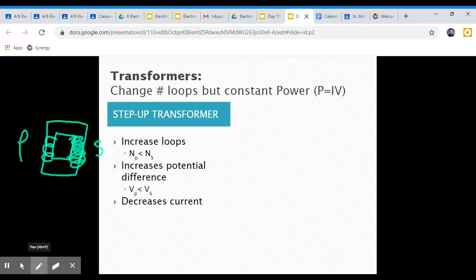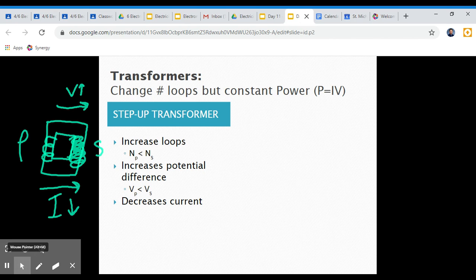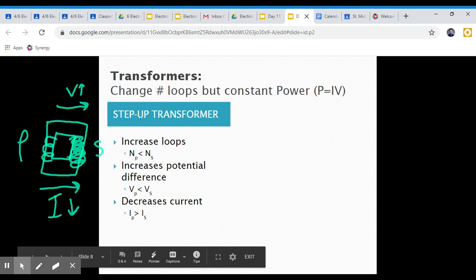And we are going to be increasing that potential difference, or increasing voltage. So voltage is going up, and then the current going from primary to secondary is going to be decreasing.